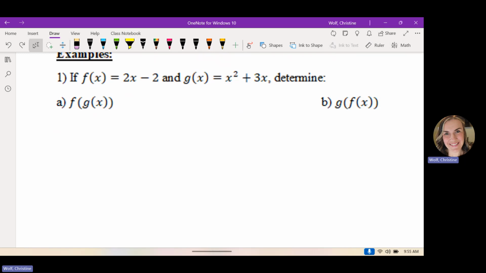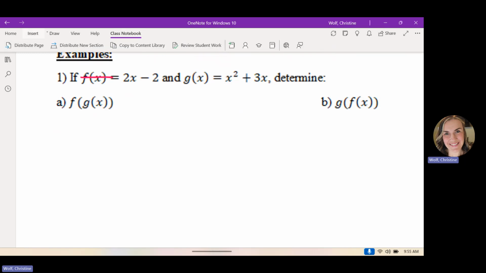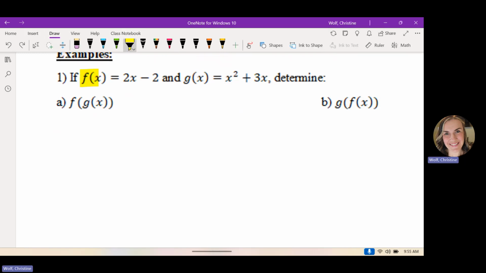So I have f of x equals 2x minus 2, g of x equals that. Okay, we're used to seeing that, that's fine. So now I want you to determine f of g of x. So again, if we usually have this, all that has happened is we have replaced x with g of x.